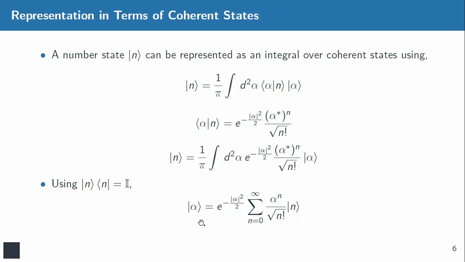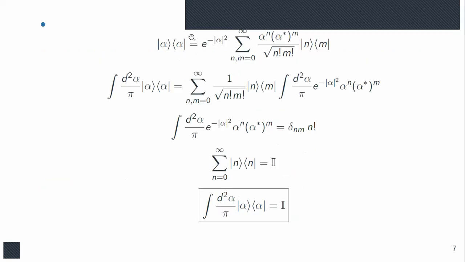So we have coherent states in terms of Fock states, and we could write their outer product using ket and bra notation, and taking the integral on both sides, we end up with this expression. So we want to evaluate this integral.